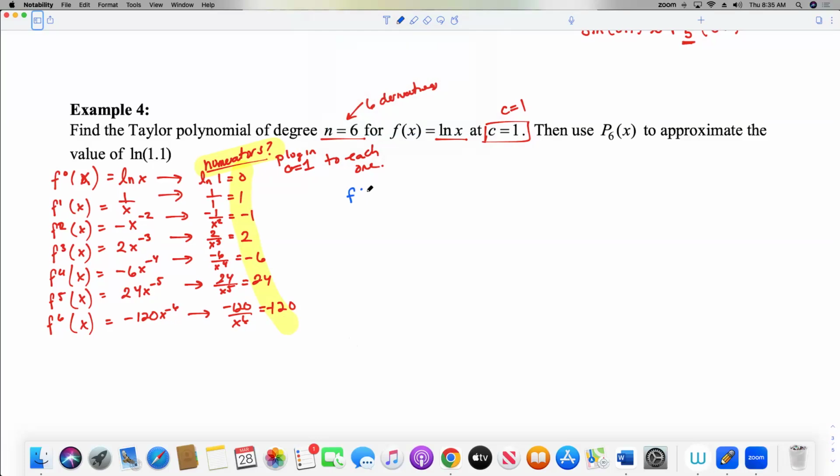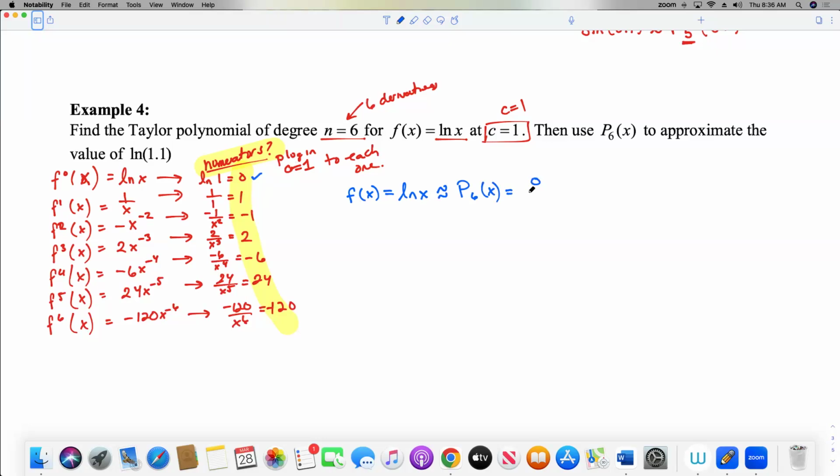So our f of x is ln of x. We are approximating ln of x using P6 of x. And that is equivalent to, let's write this down, our first coefficient is 0.